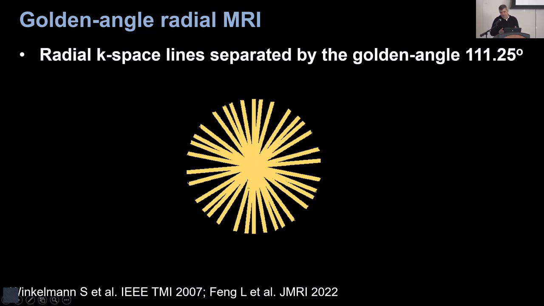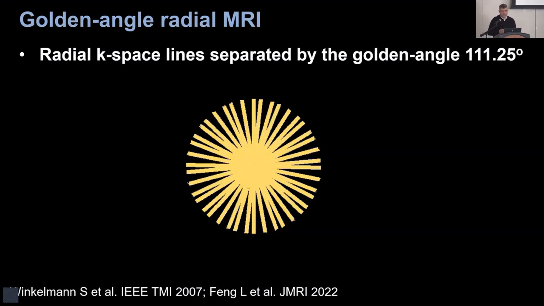In plain English, the next spoke tries to fill the largest gap in k-space. If we do that, we can get uniform coverage of k-space for every number in the Fibonacci sequence: 2, 3, 5, 8, 13, 21, 34, etc.